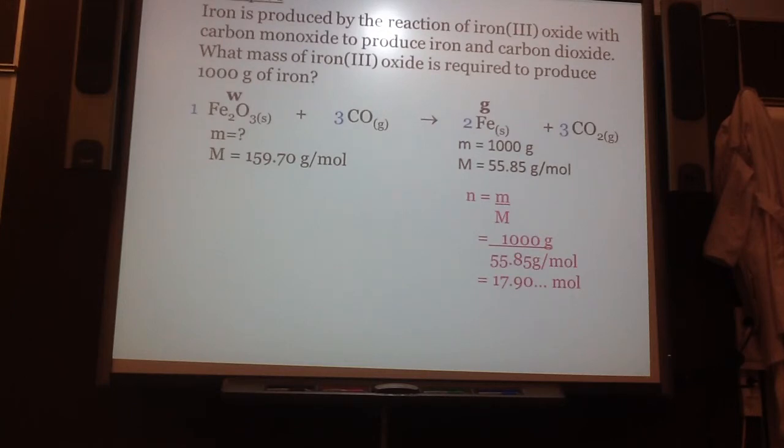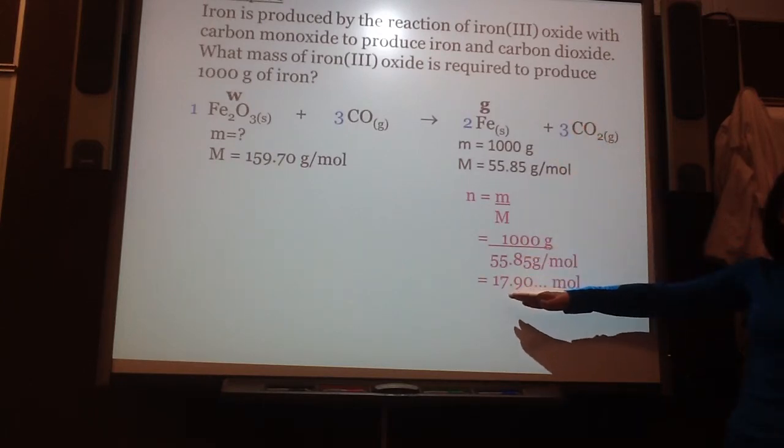So that's quite a bit. It's a pretty big number, which makes sense because we have 1,000 grams. So 17.90, etc. moles. And carry as much as you can throughout your calculator until you get to the end. So now on our map, what we found is our moles of our given.